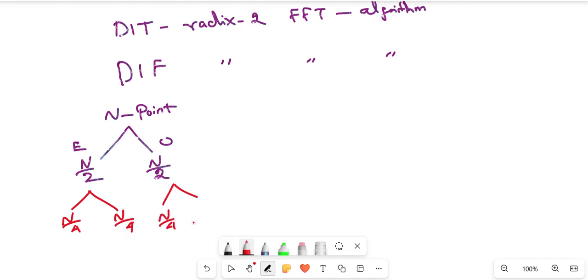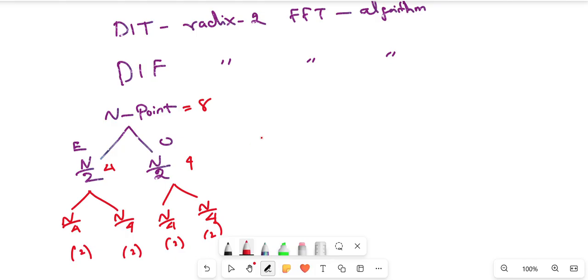For example, N is equal to 8, so it will be 4 point, then 2 point. You have to continue the decomposition until 2 point DFTs are obtained. The bigger DFTs are decomposed into smaller DFTs until the 2 point DFTs are obtained. So this symmetry property reduces the number of computations required.